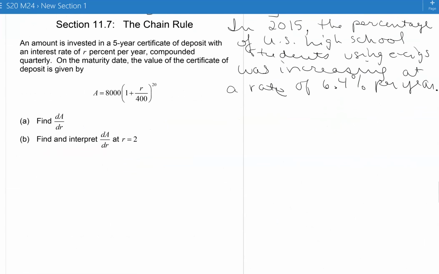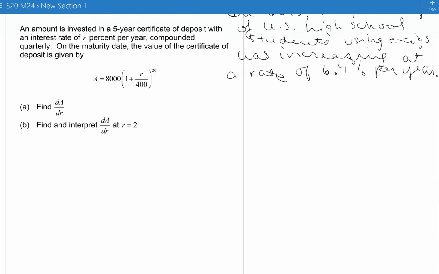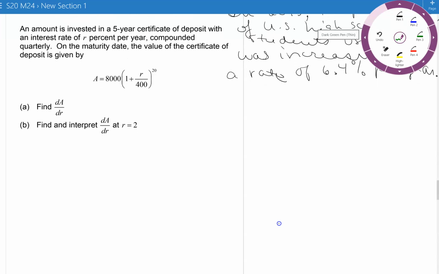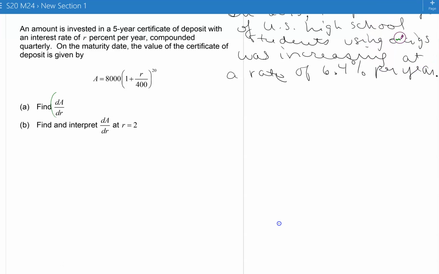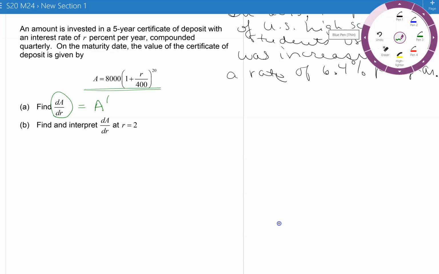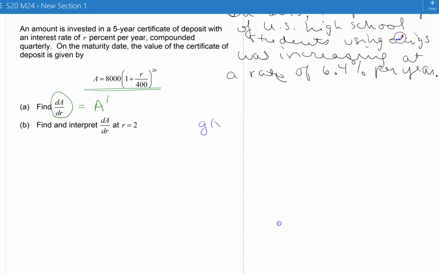Okay, and then one more example. This one I find interesting because it's an interest rate problem. So it says find dA/dr. So this is the same thing as A prime. It's just that other notation, the Leibniz notation. So let's see how we're going to find the derivative of this function A. So I see an inner function.